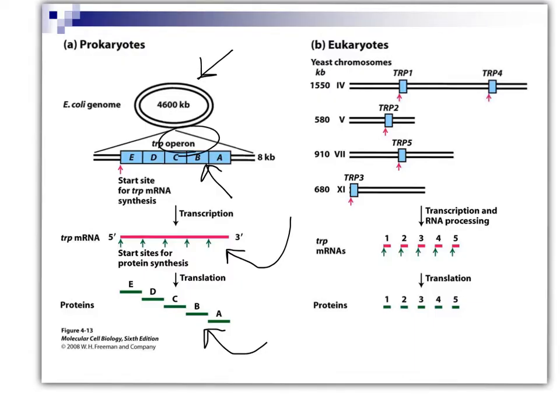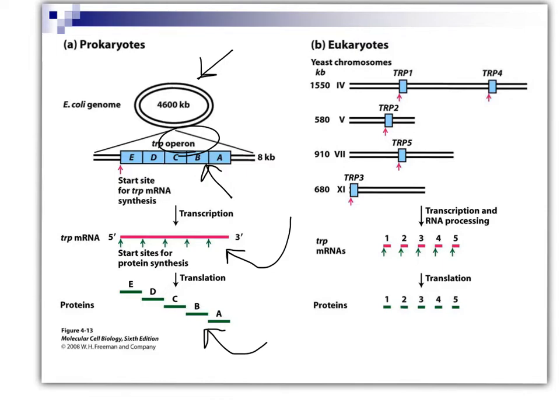Now let's compare that to what happens in eukaryotes. In eukaryotes, if you are going to synthesize tryptophan, the genes here numbered 1, 2, 3, 4, 5 are all on different chromosomes. And this is in a yeast. And so what would happen is transcription would happen separately for every single one.